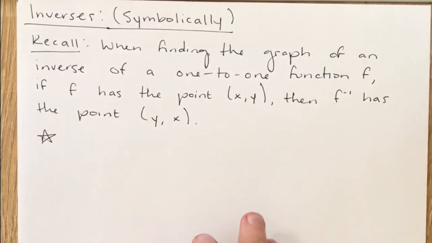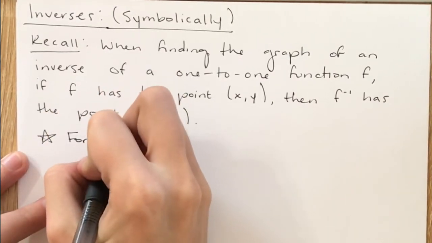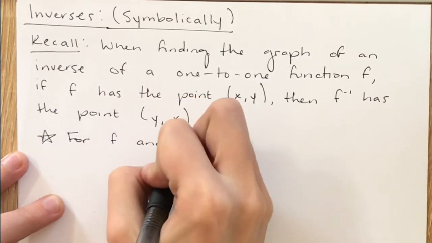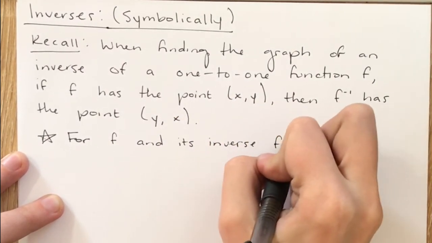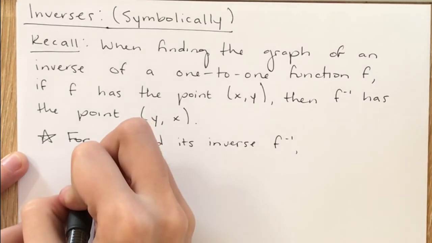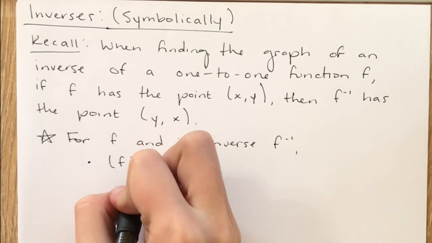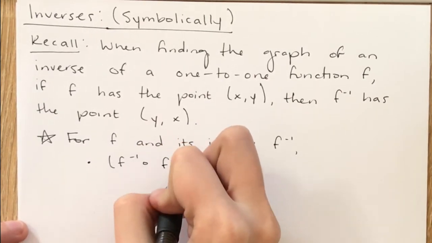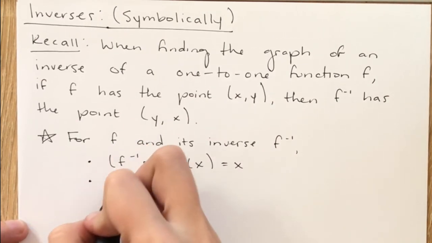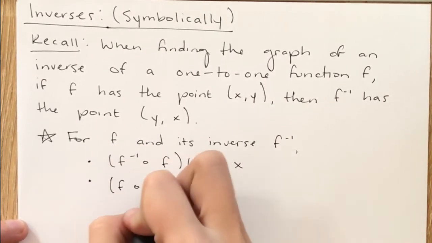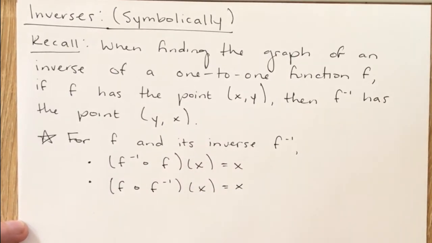So let's write this down really quickly. For f and its inverse, f inverse, we have first bullet, f inverse of f of x equals x, and f of f inverse of x equals x as well.